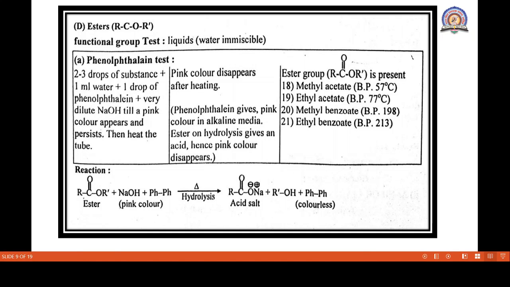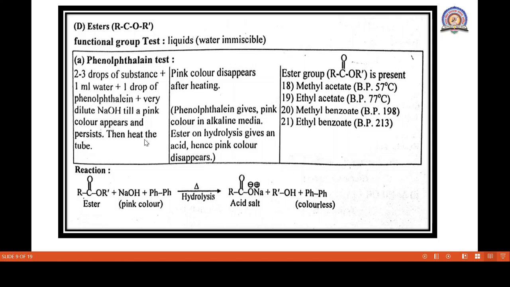Then the next is the test for the ester, which contains CHO elements only. The functional group test for the ester is the phenolphthalein test. 2-3 drops of substance in a test tube, then we add water, then we add phenolphthalein and very dilute NaOH till the pink color appears and persists.